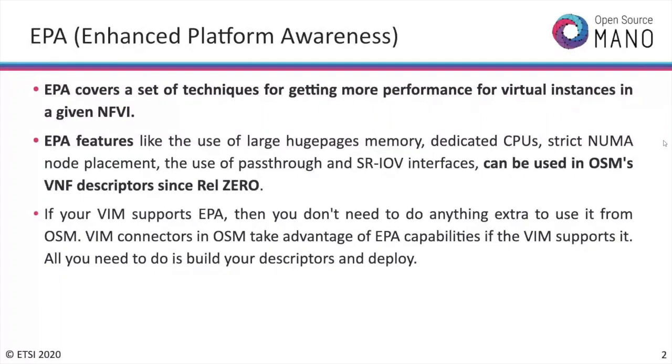So EPA features consist of changing the size of memory paging, dedicating CPU cores to virtual machines, and making these virtual machines aware of the topology of the CPUs of the server, using dedicated physical interfaces for virtual machines instead of virtual interfaces, and things like that.